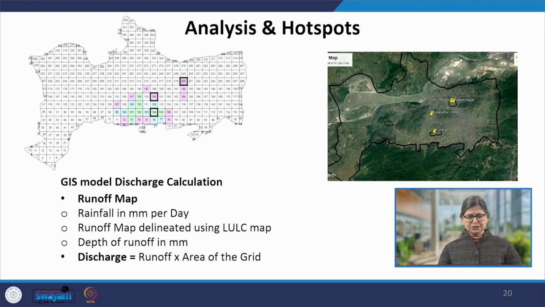So based on this information and the ground truthing, these 220, 160 and 104, these are the three special areas. One was Anil Nagar, one was Kalapahar and one was Lokhra, which we had identified to study in depth. So a runoff map was created and the discharge was calculated with the formula of runoff and the area of the grid.